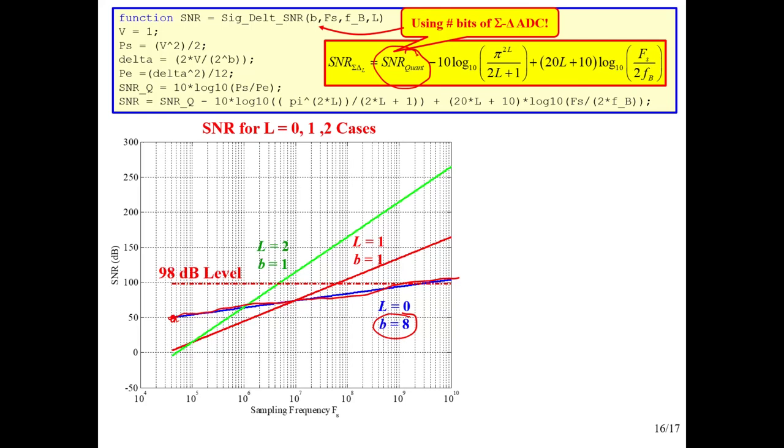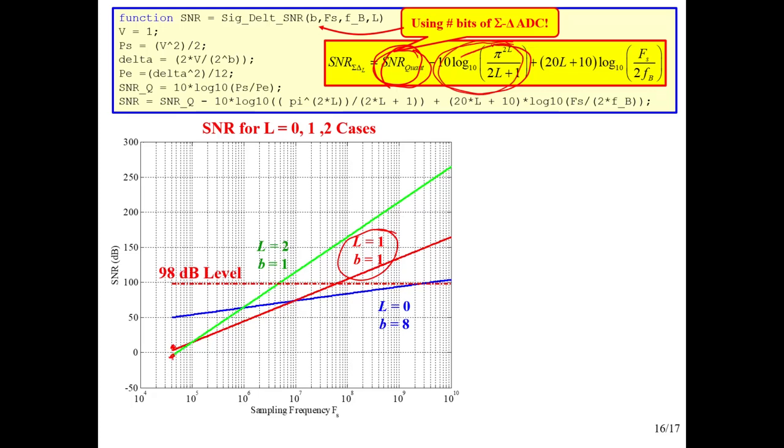3 dB per every doubling. For this one, we start with 1 plugged in there, so it's going to be 6 times 1 plus 1.76 minus the penalty. So it starts way down here. And then for L equal to 2, same thing here, 1 times 6 plus 1.76 minus the penalty.